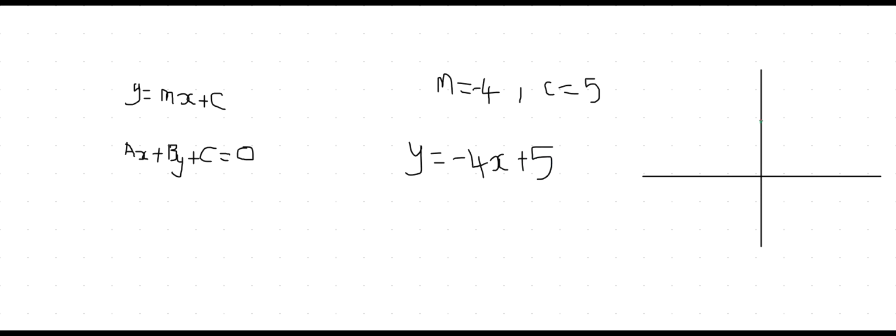That's our first point. We have to find our second point. Again, we're going to give x any random value. So let's say, let x be 3.